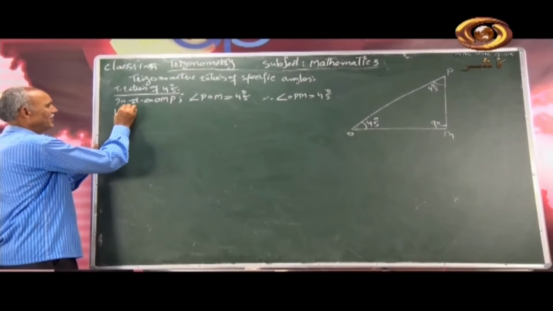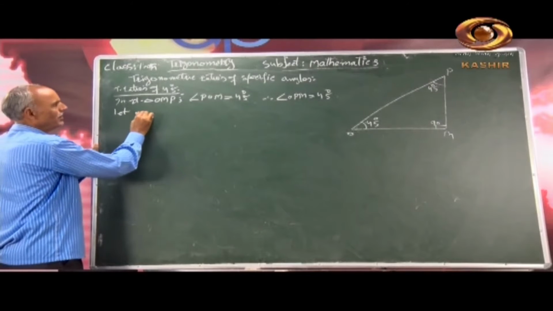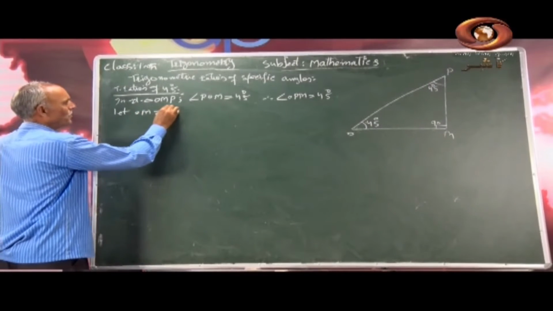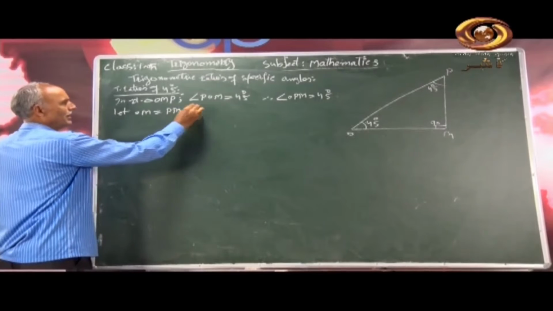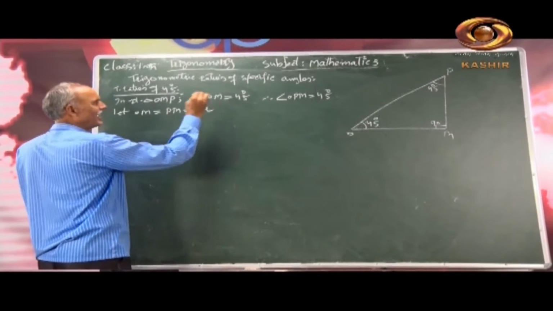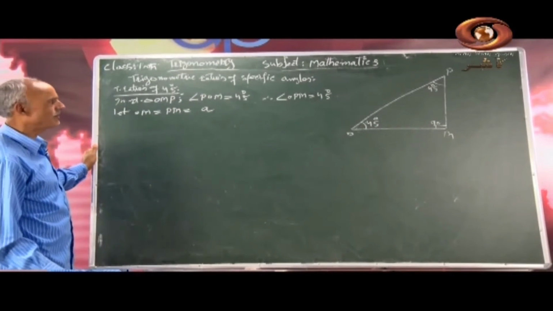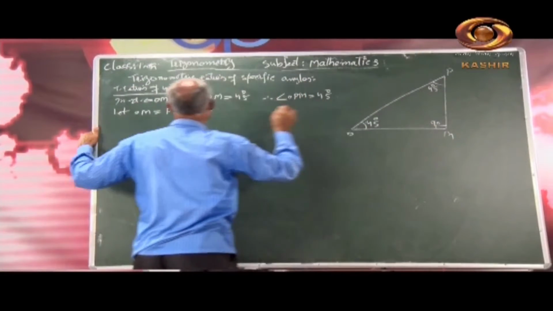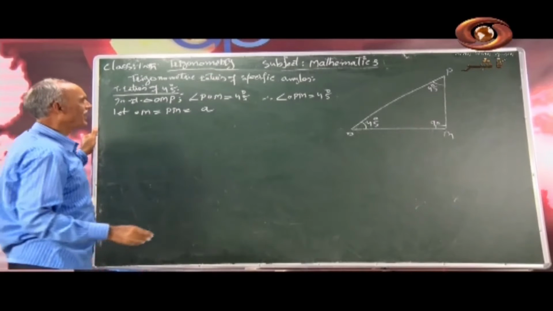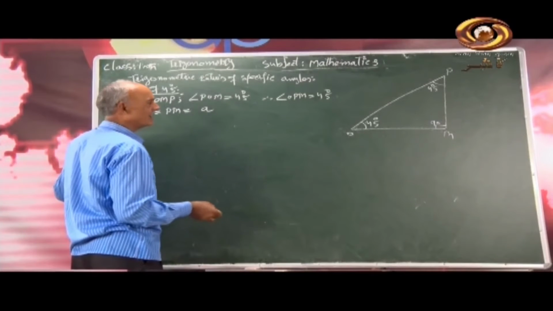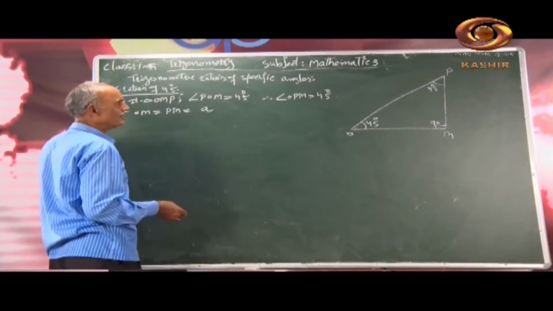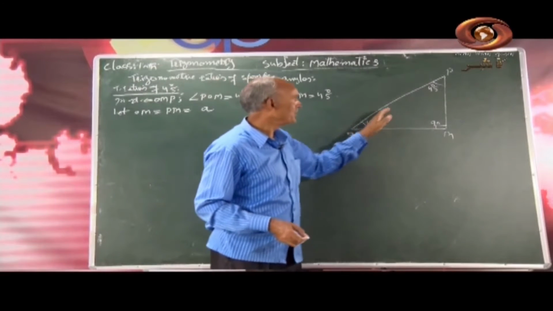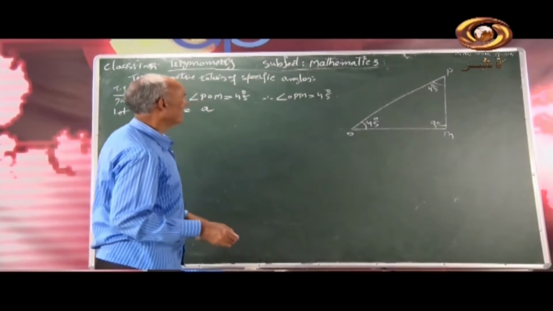Let OM is equal to PM is equal to say A or K or X or Y or whatever you like. So taking OM equal to PM equal to A, some positive length A, because sides opposite to equal angles in a triangle are equal.